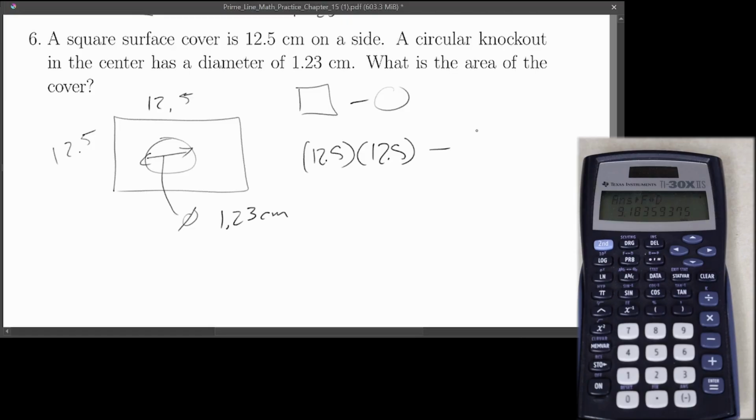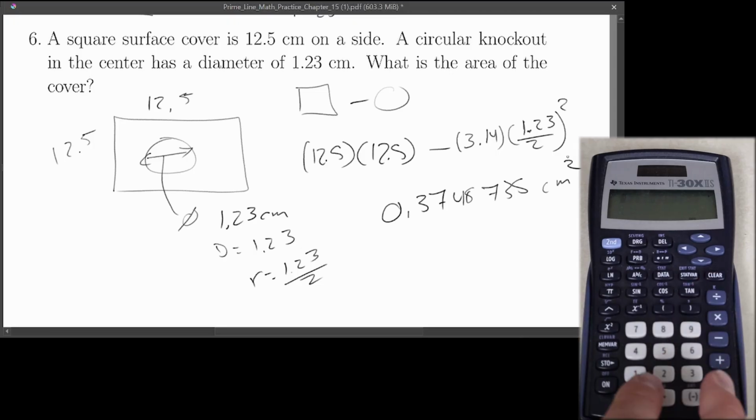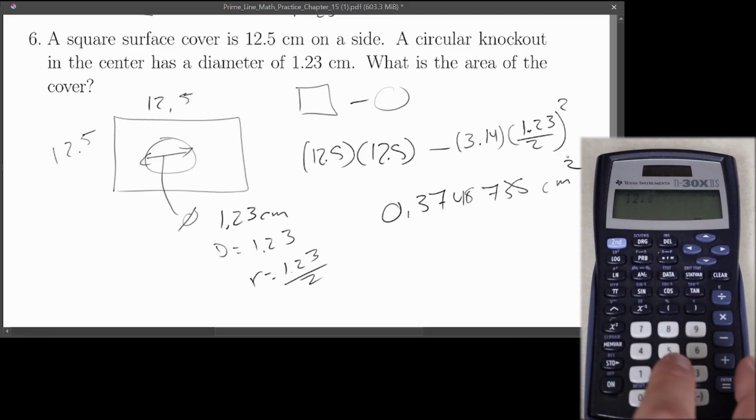And we're going to subtract, so if this is our diameter, 1.23, then the radius is 1.23 divided by 2, and we can take pi, which is 3.14, times the radius squared, 1.23 over 2 squared. Oh, we have a typo. 12.5, not 1.25.